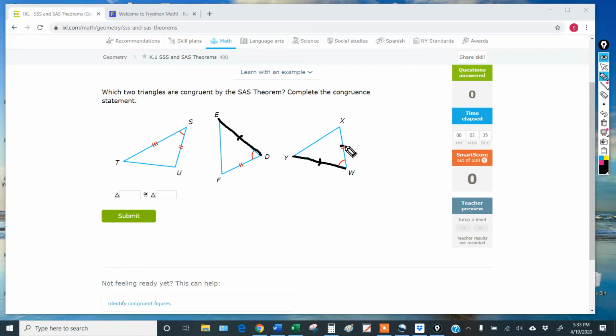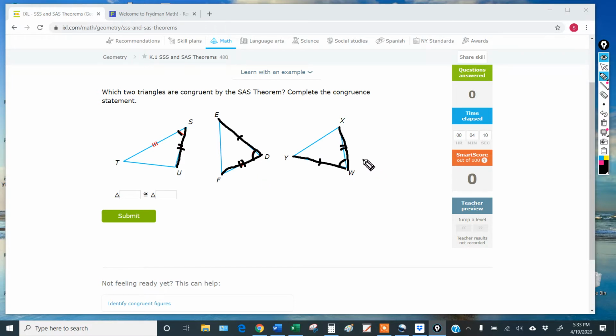This side has two dashes. So this side is the same as this side, which also has two dashes, but it's also the same as this side, which has two dashes. This side has three dashes, so this side is not the same as any of these other sides. And this angle is the same as this angle, and should also be the same as this angle.